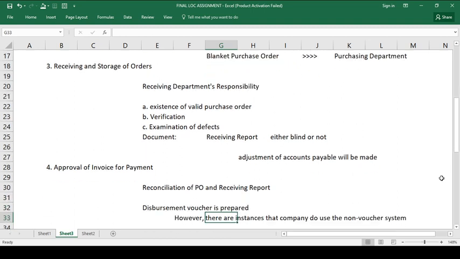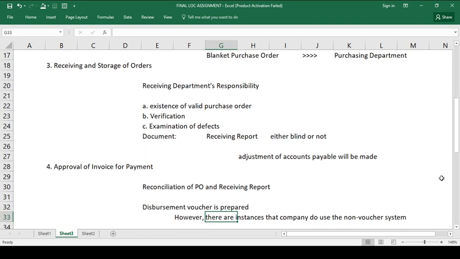The fourth step is the approval of invoice for payment. Before a check is made, there must be approval of invoice for payment. The approval of invoice for payment is a way of reconciling the purchase order and the receiving report.